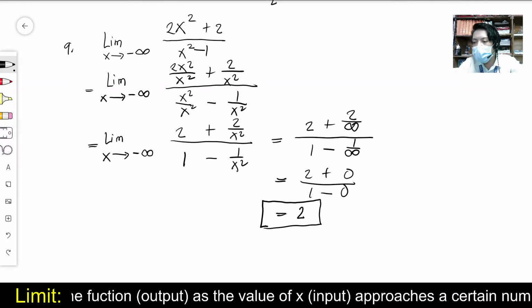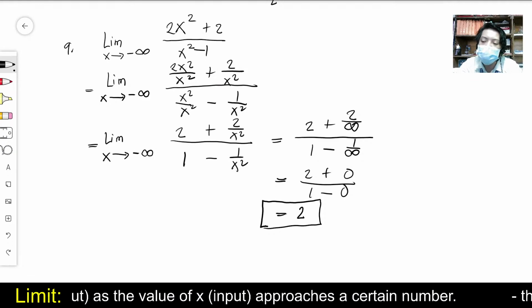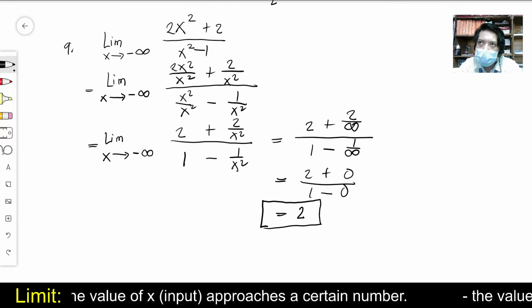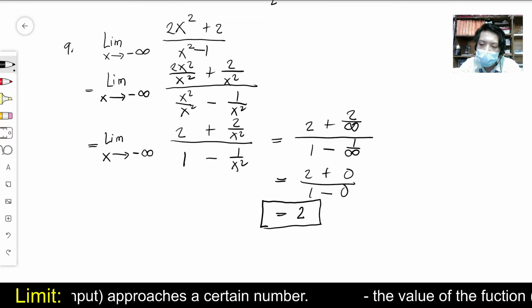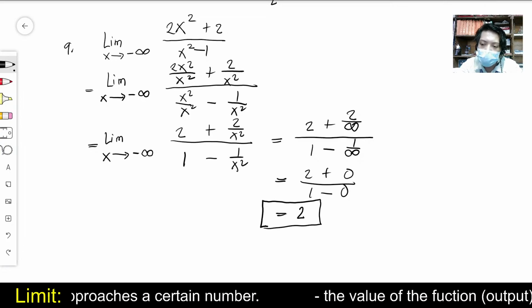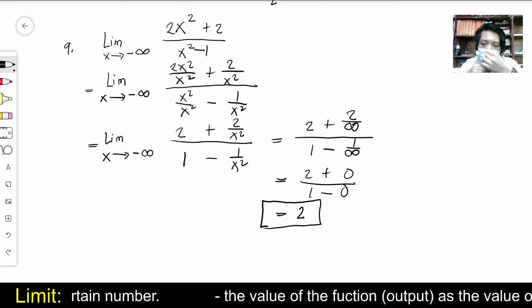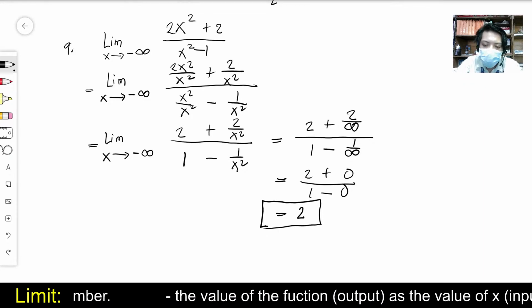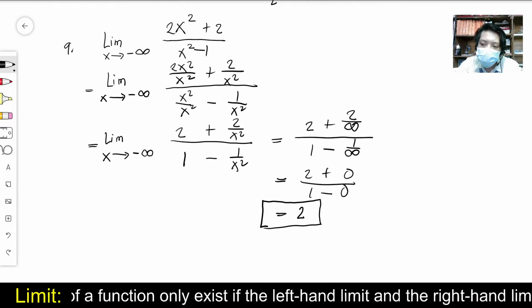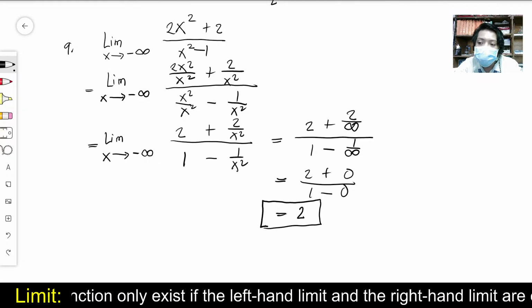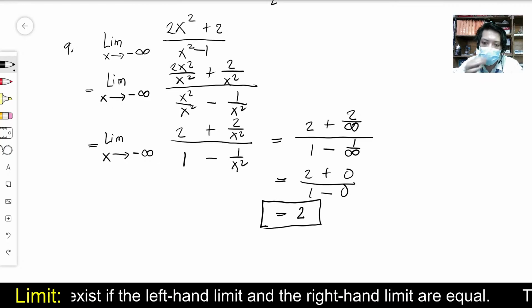The limit is the value of the function, that means the output, as the value of x or any independent variable approaches a certain number. And the limit only exists if the left-hand limit and the right-hand limit are equal.